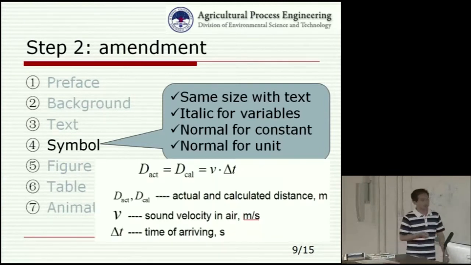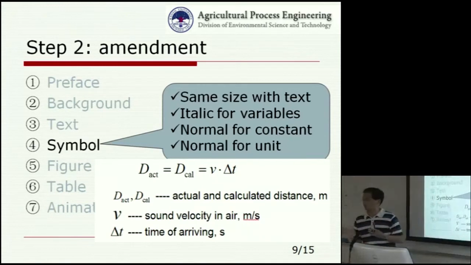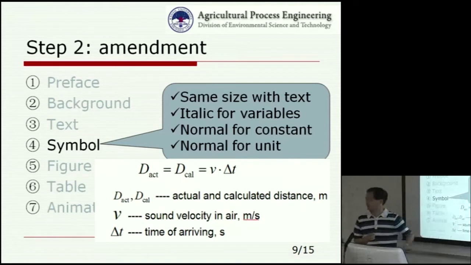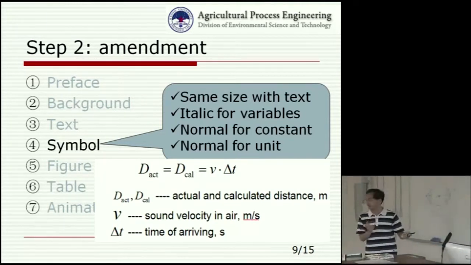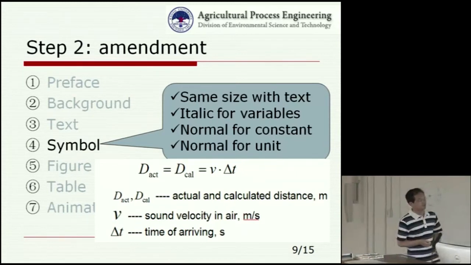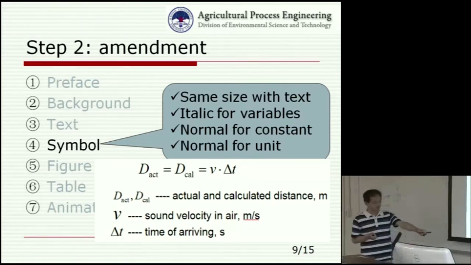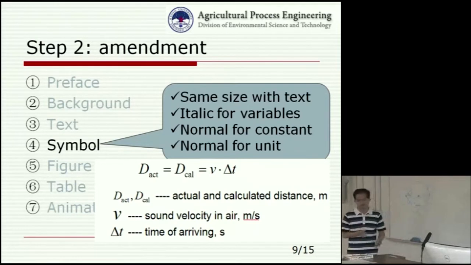As you see, this is the distance between the speaker and the microphone. They are variables, so they are in italic, and the velocity and the time are variables, so they are in italic. And here, the unit seconds is a unit, so it is in normal font.